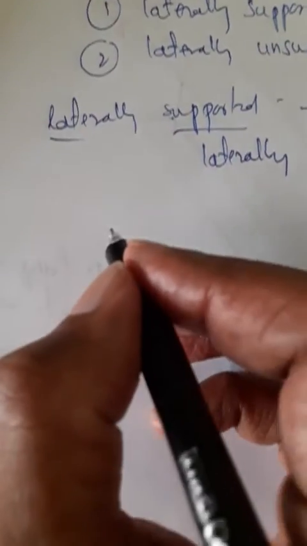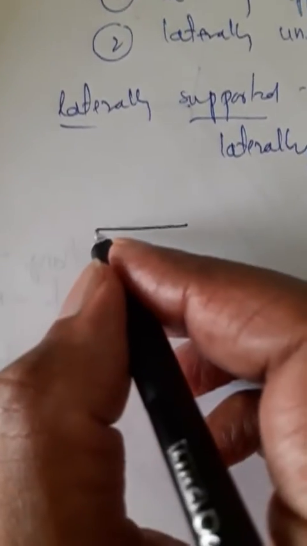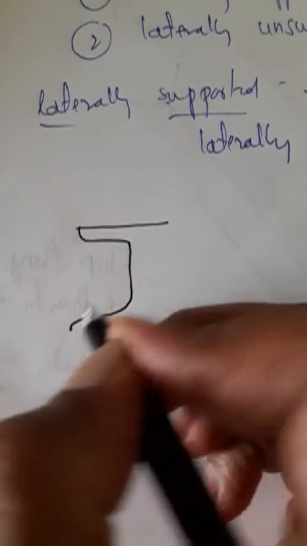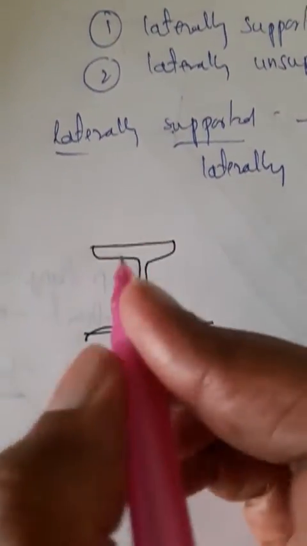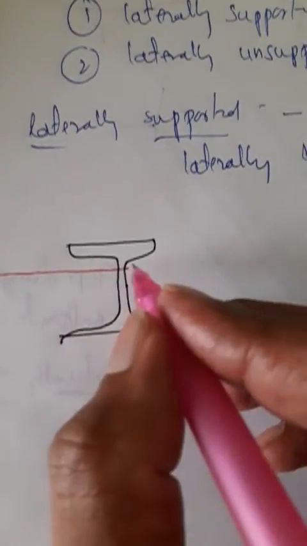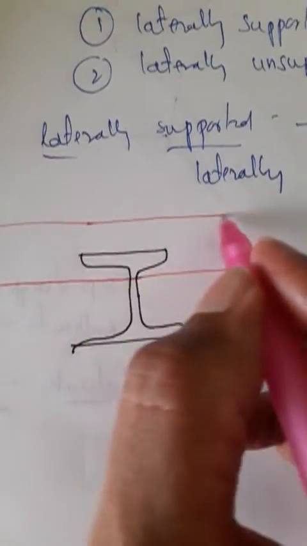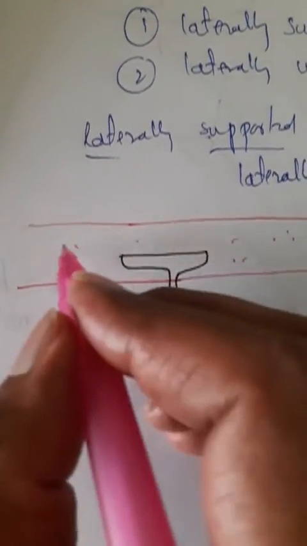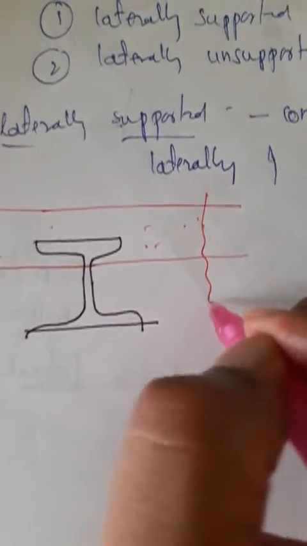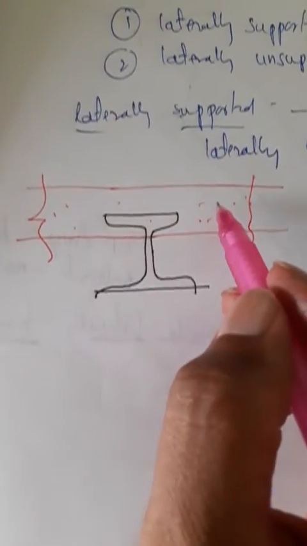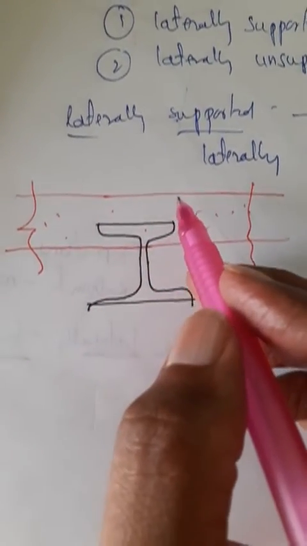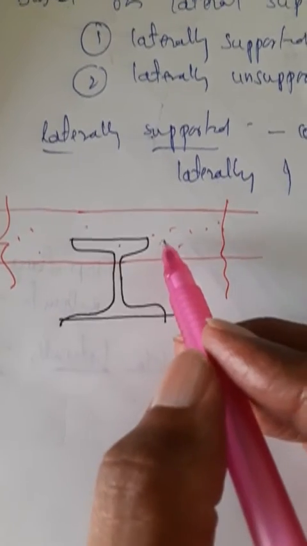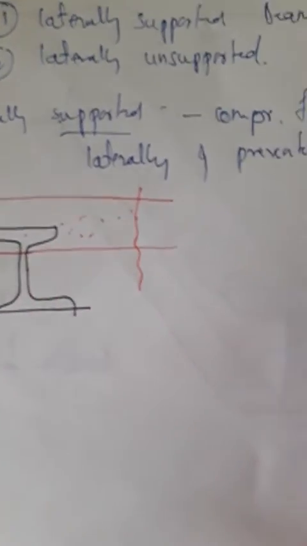Let us take a classical example. Say this is one I section, and we are casting a slab over it like this. The top flange is merged in the slab. Hence, the top is prevented from buckling. So this type of beam is called laterally supported.